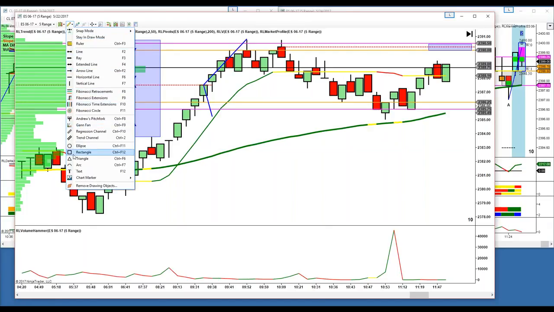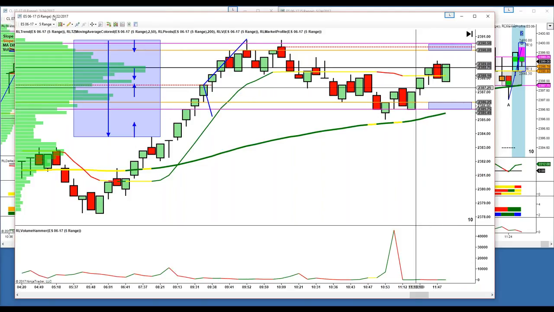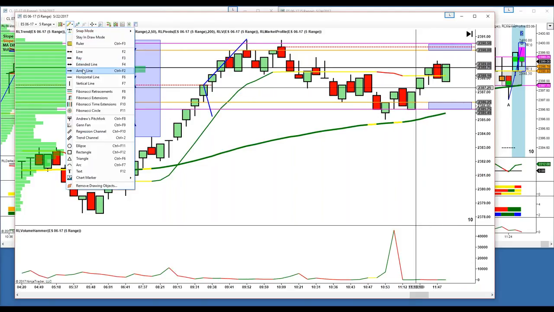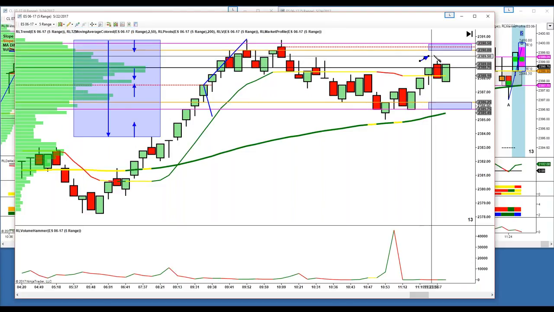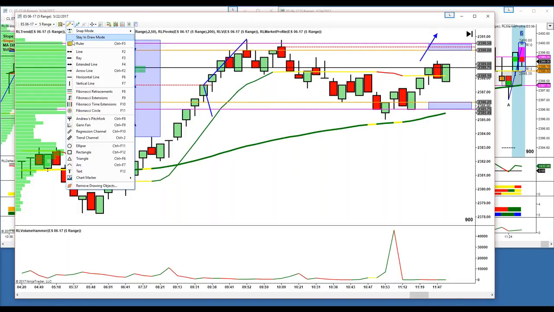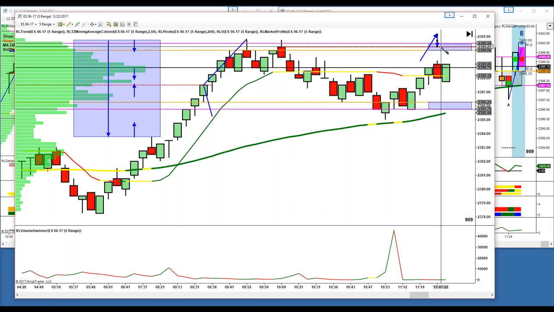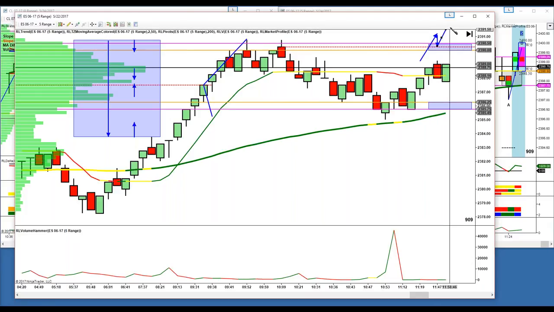These zones of rejection. They're not zones of support or resistance. It all depends upon where price is. If price eventually comes and breaks this zone, which is initially resistance, it then comes back and we can take a trade off of it as support.